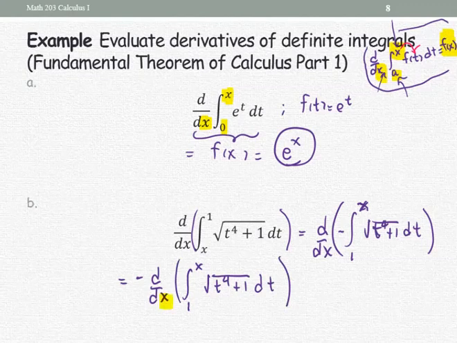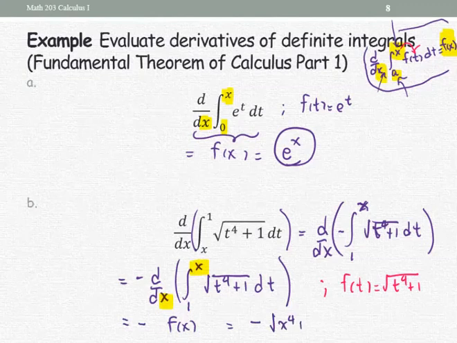For this situation, we already have x and x matching the pattern, and the function f of t for our case is the square root of t to the fourth plus 1. So then, after applying the fundamental theorem of calculus part 1, we get negative of the function of the x instead. Then we get our final result as negative square root of x to the fourth plus 1.